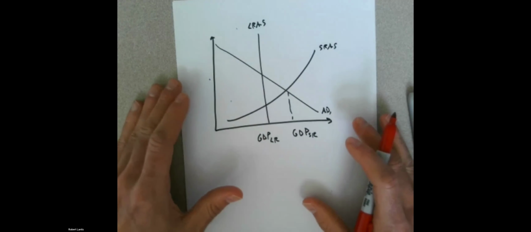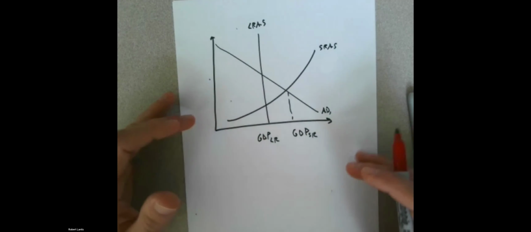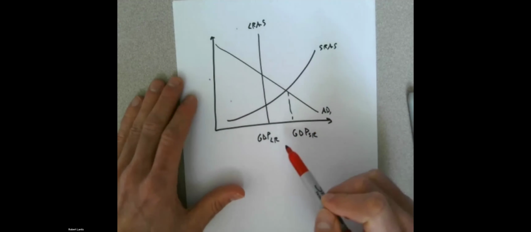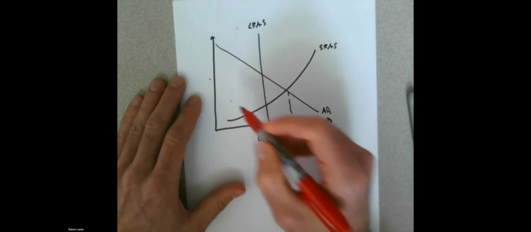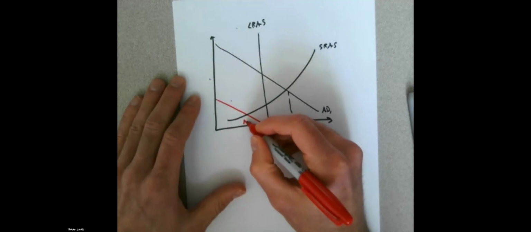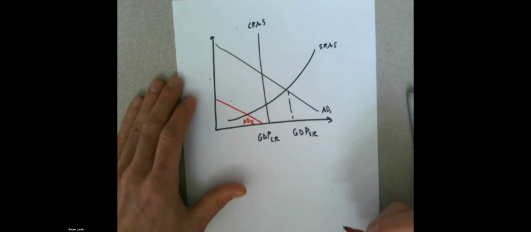Well, what if the government says, okay, we could change our spending, or we could change taxes, decrease government spending, increase taxes, so that we close this inflationary gap, where GDP is too high. But we're going to say, well, we know that that's going to have impacts on the loanable funds market.